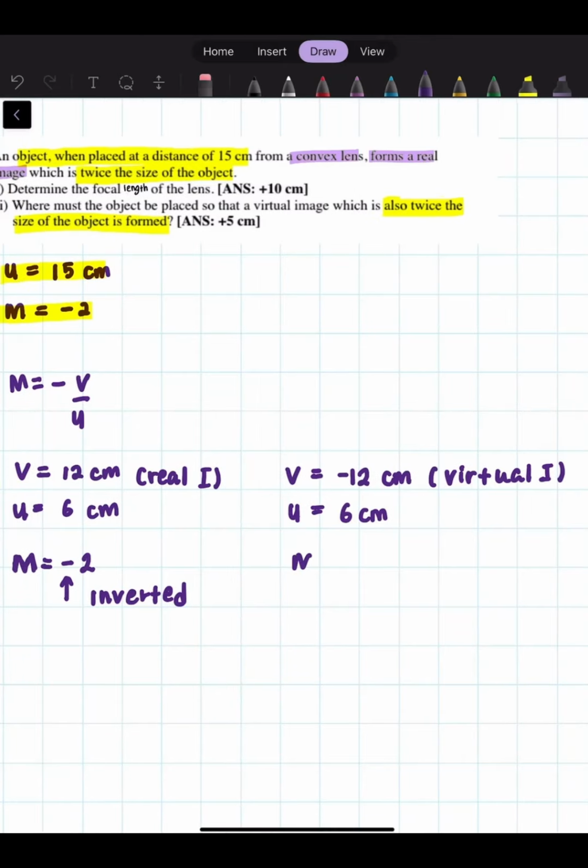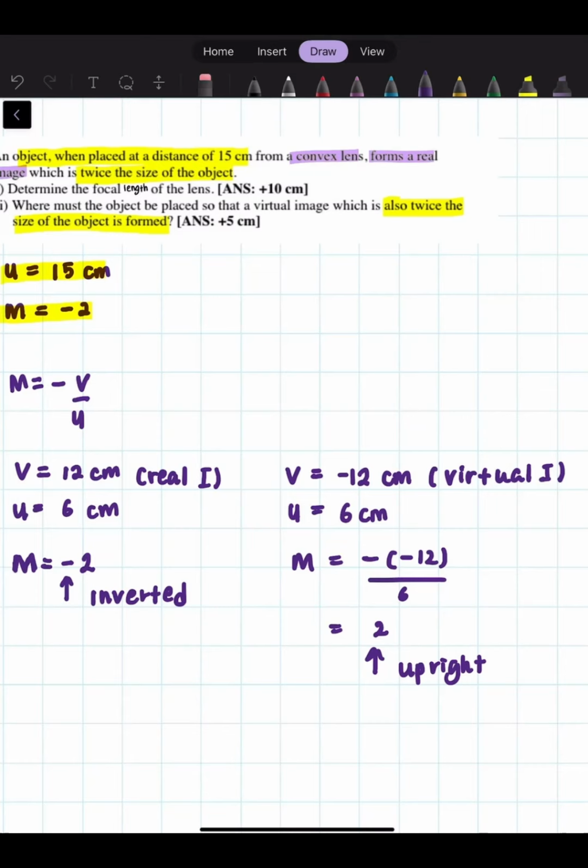The value that we get when we plug in our numbers is a +2, showing that the image formed is upright.